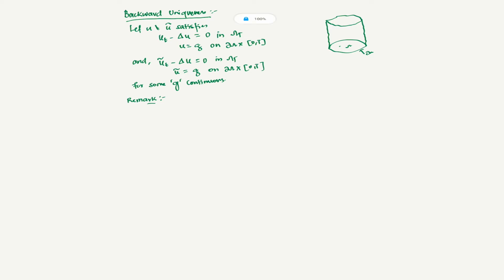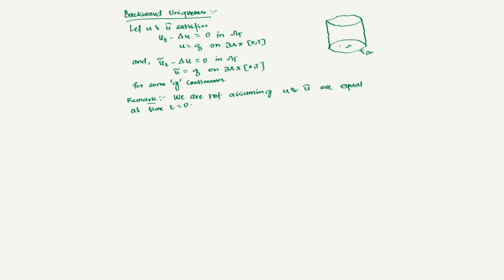But you note that we are not assuming u and u tilde are equal at time t equals 0.